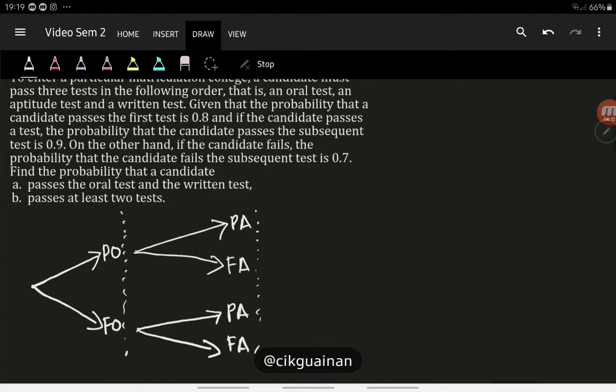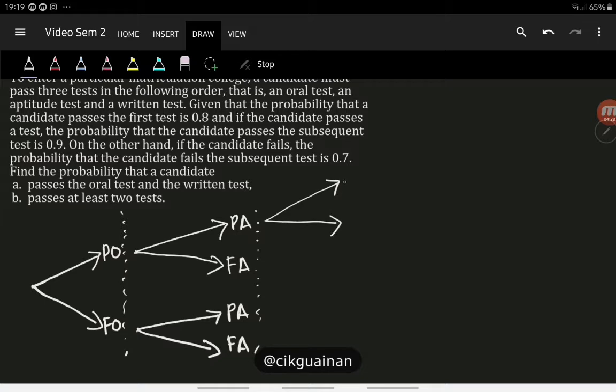And then what is the third process? The third process is taking the written test. Taking a test, there are only 2 ways. It's either you fail or you pass. Same goes for this one. Each one of them we need to expand 2 more like this.